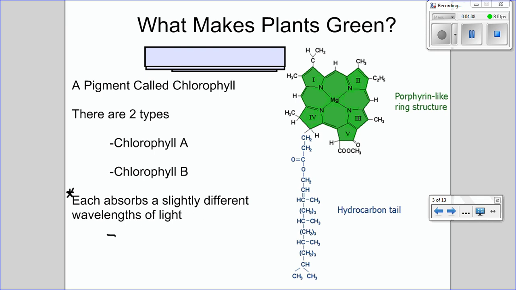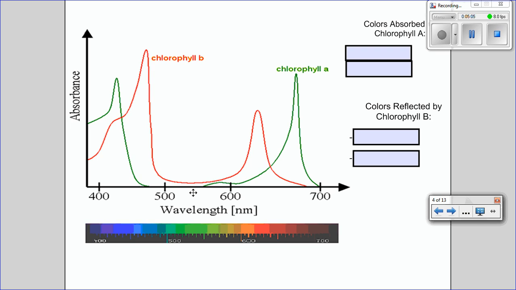And this allows the plant to absorb more light by having 2 different types of chlorophyll. That's why it's important, because if you only had 1 type of chlorophyll, you would only be able to absorb a certain amount of light. 2 types of chlorophyll allow you to absorb more types of light. And we'll talk about that in the next slide here.